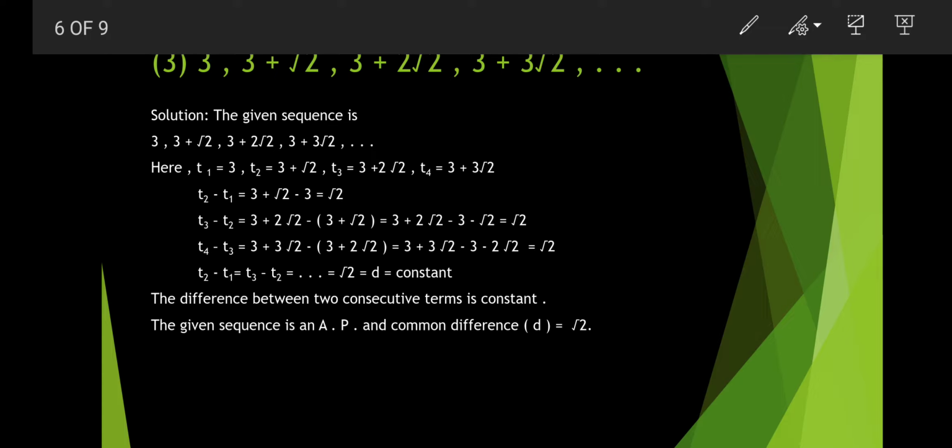Again we'll see here, 3 and 3 both numbers are same but sign is opposite, gets cancelled. Remaining is 2 root 2 and minus root 2. If we'll subtract, we'll get root 2. So here we can say the difference between two consecutive terms is constant. Therefore, the given sequence is an AP and the difference is root 2.